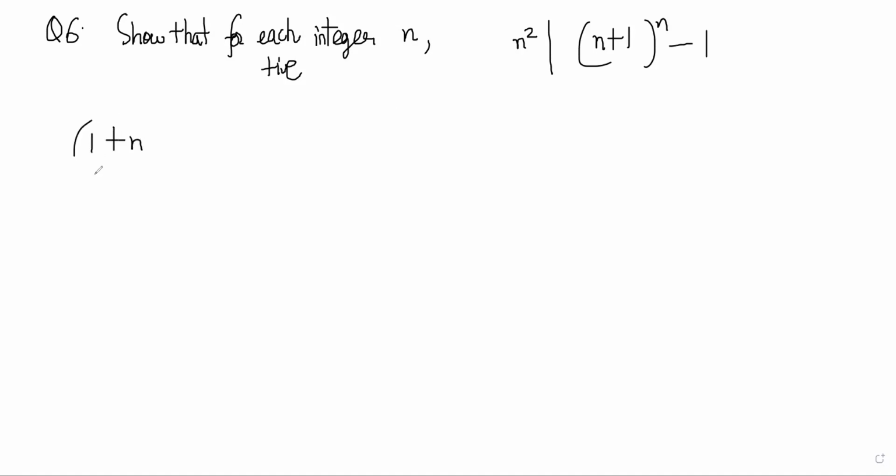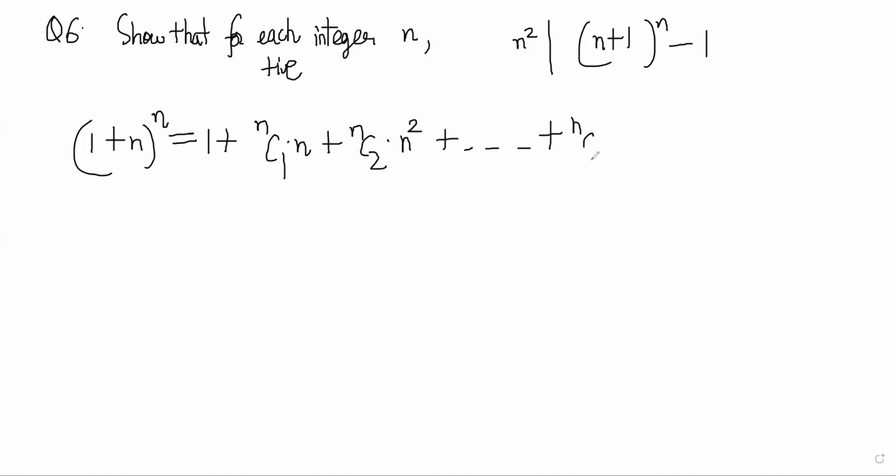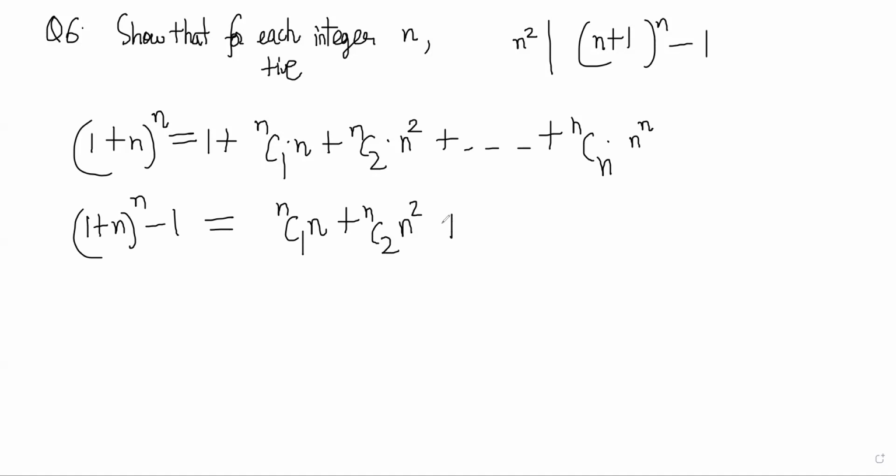We'll say 1 plus n power n. Expansion is 1 plus nC1 n plus nC2 n square and so on till nCn n power n. If we subtract 1 from this, we get nC1 n plus nC2 n square and so on till nCn n power n.